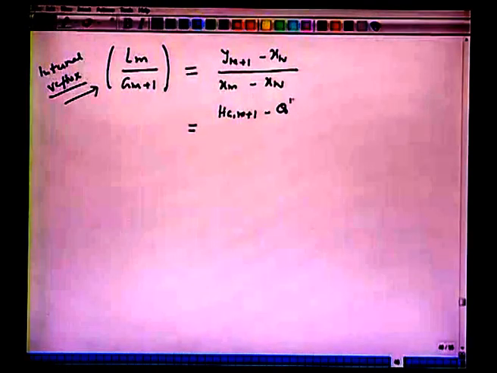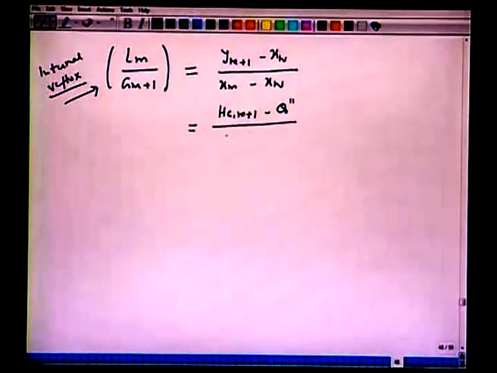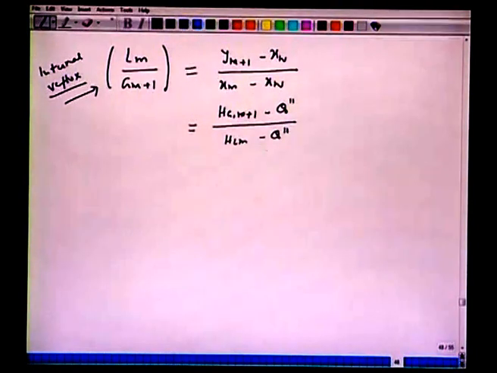So the ratio of this is the internal reflux, similar to Ln over Gn plus 1 we had earlier. This will be equal to (ym plus 1 minus xW) over (xm minus xW). And similarly, from your energy balance, we can write (HGm plus 1 minus Q double prime) over (HLm minus Q double prime).